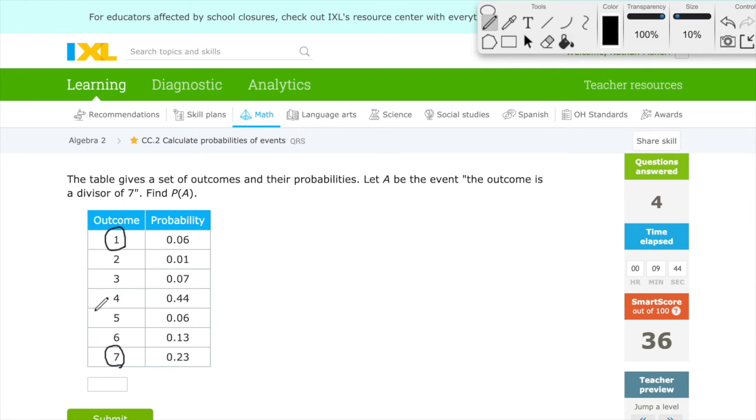If you have a good grasp on that, you could think about, okay, it has to be only these two. So then it would just be those that get added together. So I would do 0.06 and 0.23, and I would get 0.29 and put that in here.